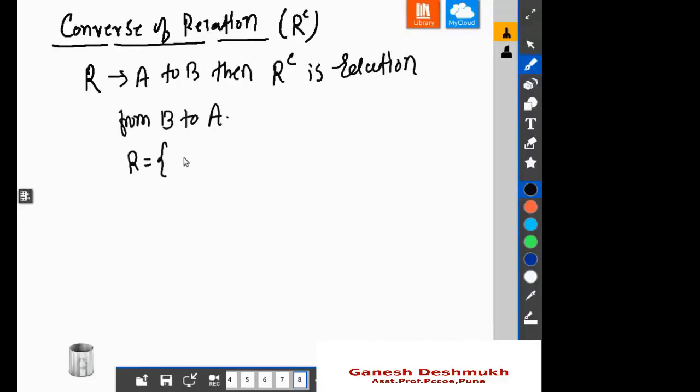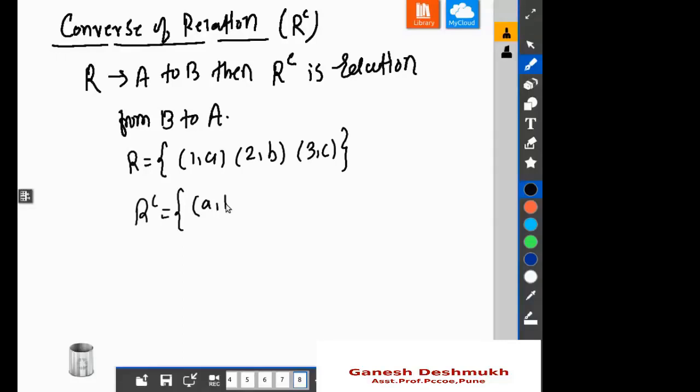Understand? Let us understand by an example. So if you have pairs (1, a), (2, b) and (3, c), then its converse becomes a relation from set B to set A. So it becomes (a, 1), (b, 2) and (c, 3).